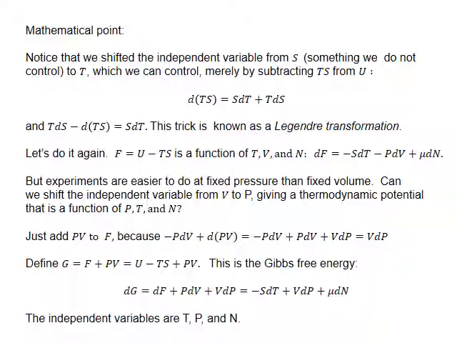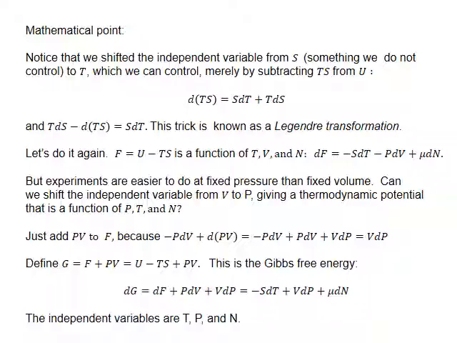So let's say I want to work at fixed pressure rather than fixed volume. Can I shift this variable from V to P? And the answer is yes. I'm going to do it exactly the same way I did it in going from U to F. There I subtracted TS. In this case, because there's a minus sign here, I'm going to add PV. So if I take minus PdV and add the differential of PV, I get VdP.